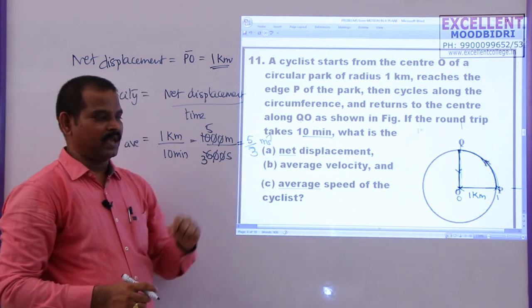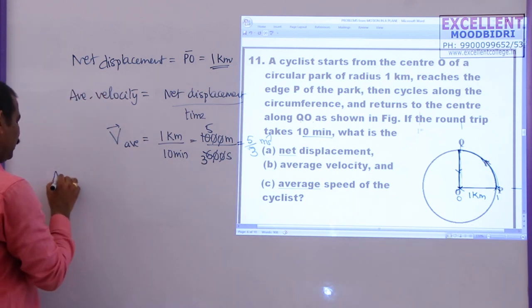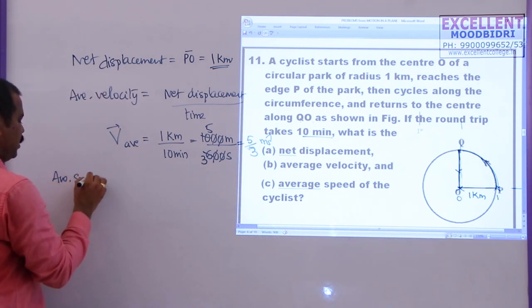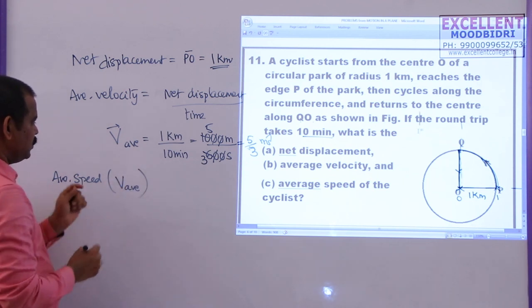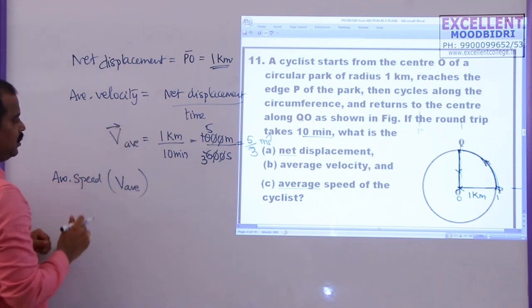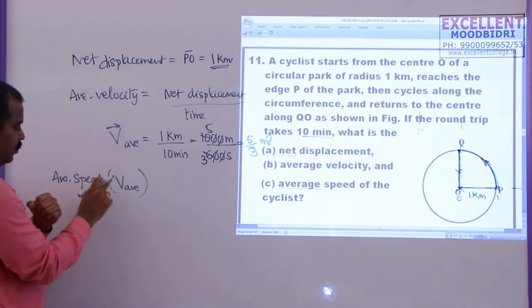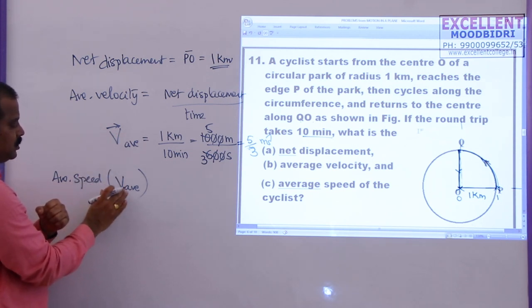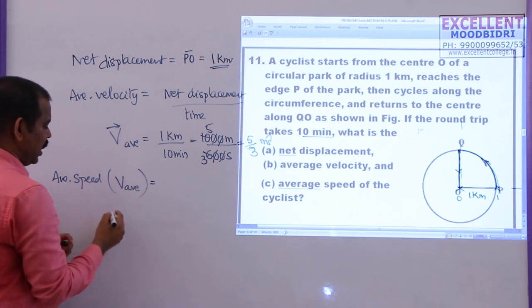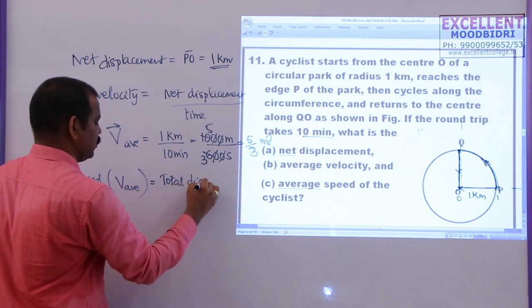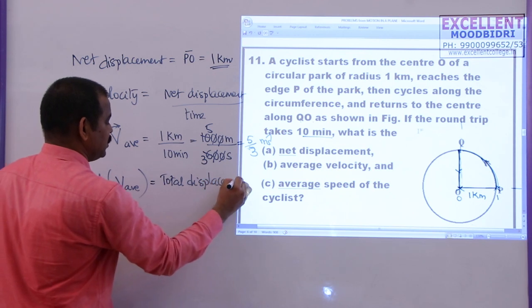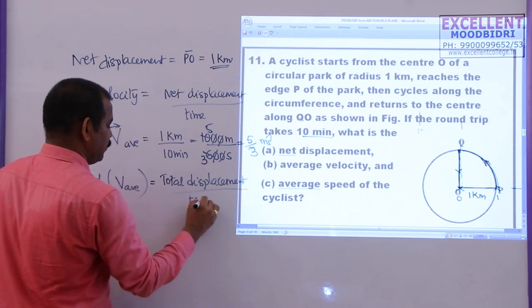What is the average speed of the cyclist? To find the average speed, we denote this as V AV. Remember students, if you keep a bar here, that will be vector velocity. If you don't keep anything here, this must be scalar. So what is this average speed? This is total distance by time taken.